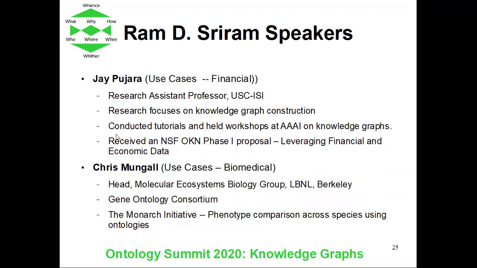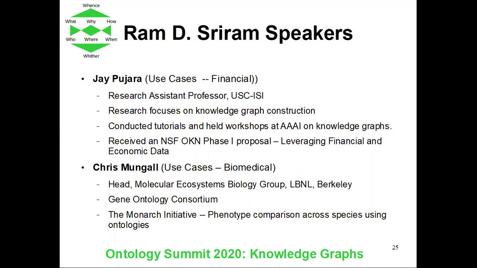Then we have several of the people who got the NSF's Open Knowledge Networks preliminary phase 1 grants, who are going to talk later on. Jay Pujara is going to talk on the financial use cases. Now, some of these dates have not been fixed, and Ken is working with these people to fix the dates depending on availability and things like that.